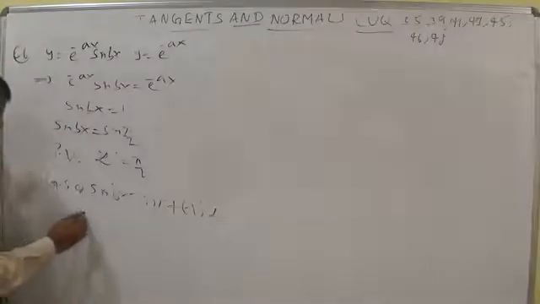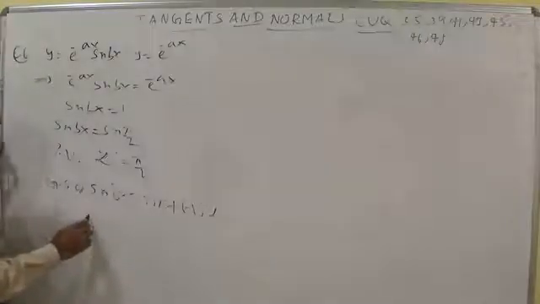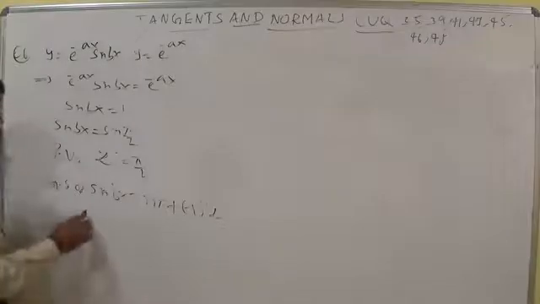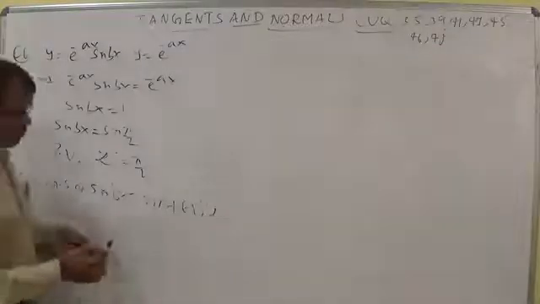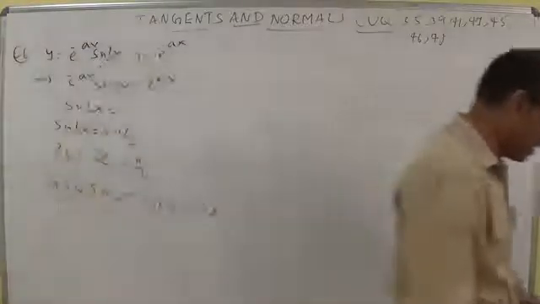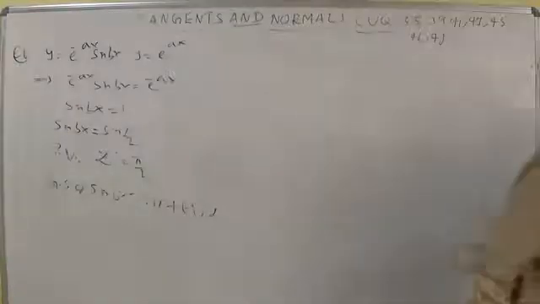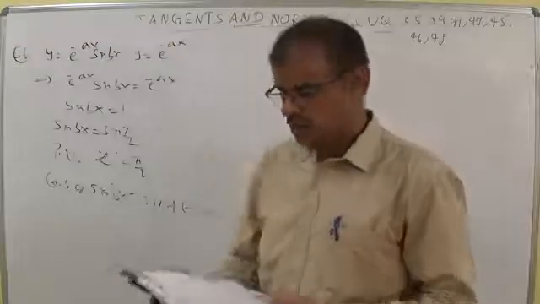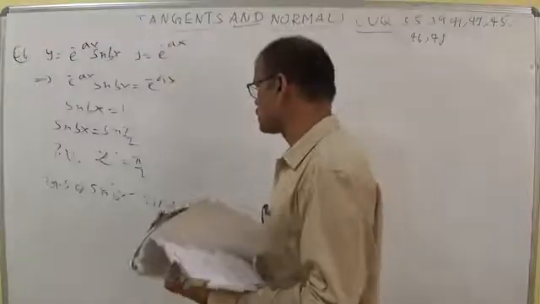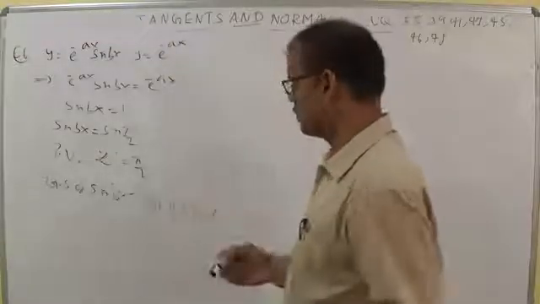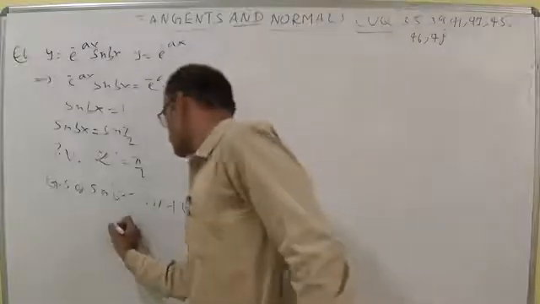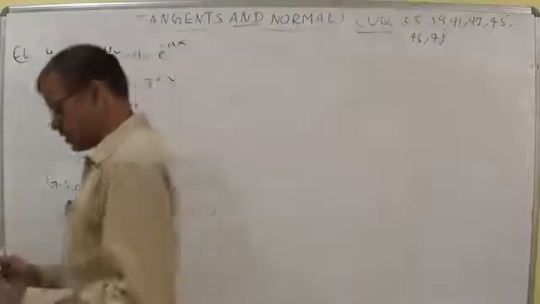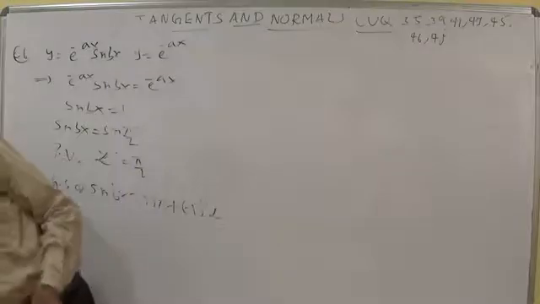Here, for bx, it is n pi plus minus 1 whole power n into pi by 2. He is asking about the value of bx only, so bx is n pi plus minus 1 whole power n into pi by 2.